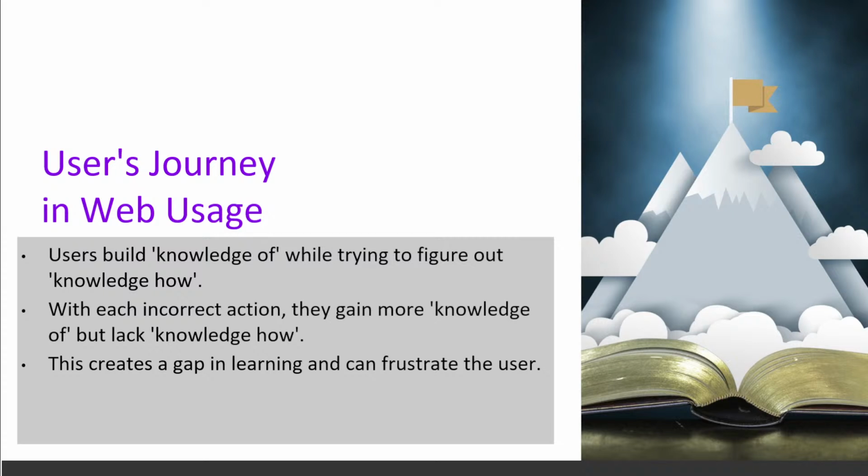With each try, when you don't succeed, you learn something new that you can use to adapt for the next try. And so we have users going down that path, and that's less than ideal. Because with each incorrect action, they gain a little more knowledge of. They still don't know how. They just know that what they did didn't work, instead of knowing what to do that would work. So we're going down that pathway, a little more knowledge of, but still no knowledge how.